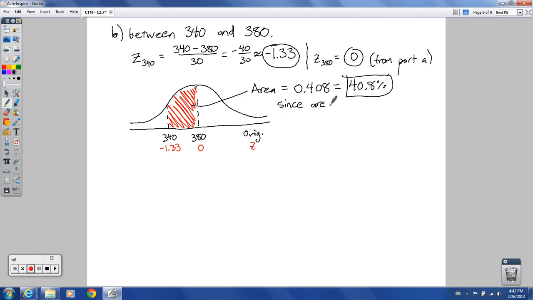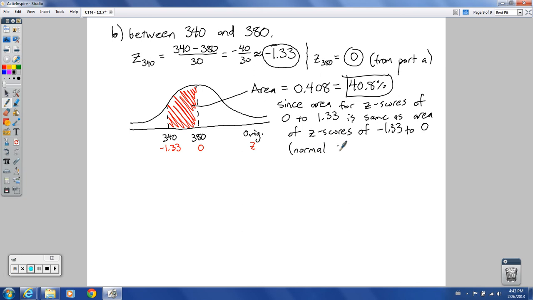And let's just write why we could do that again. Since the area for z-scores of 0 to 1.33 is the same as the area of z-scores of negative 1.33 to 0.